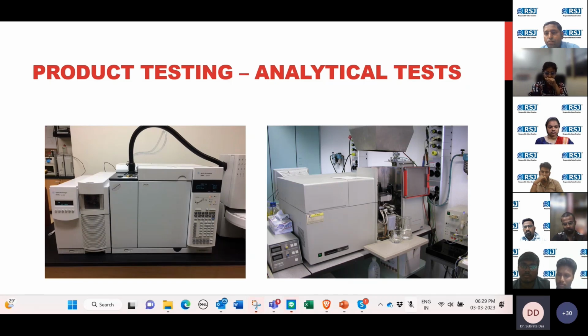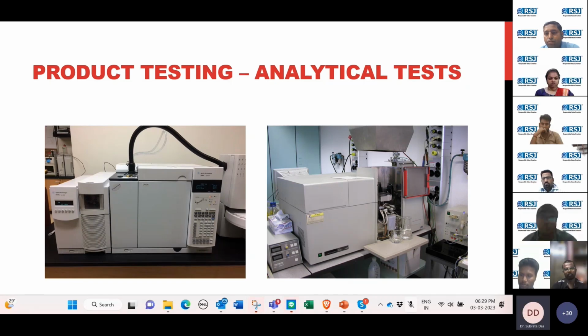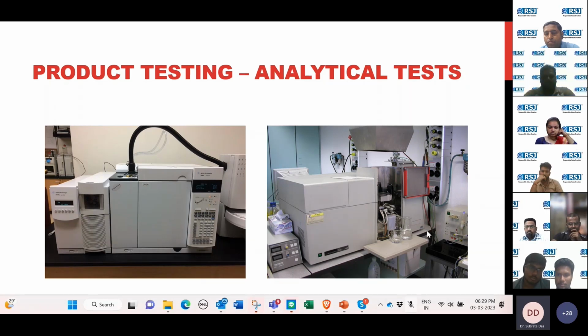When this testing is done, analytical instruments are used, normally LCMS, GCMS, or atomic absorption spectra, which is used for heavy metals. Those analytical tests are to be carried out, and they are very costly. These are costly products and costly testing. That's why the test cost increases because of these analytical or chemical tests.